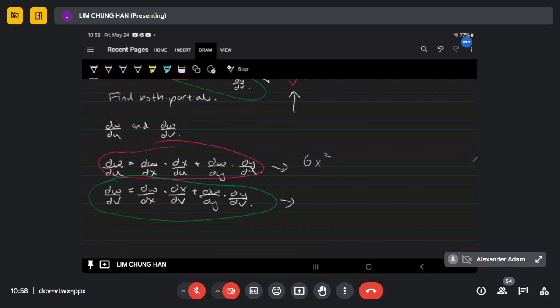The final answer is this, but you do it on your own. 6x squared u plus 6y squared u for the first one, and then 6x squared v plus 6y squared u for the second answer.